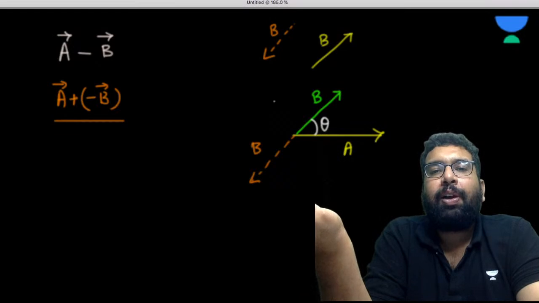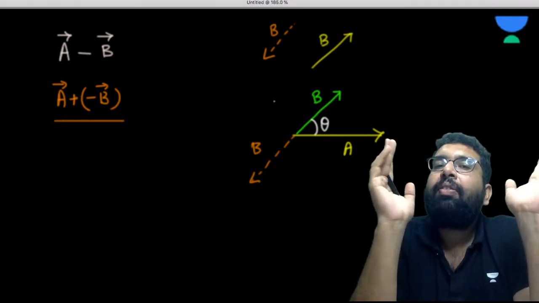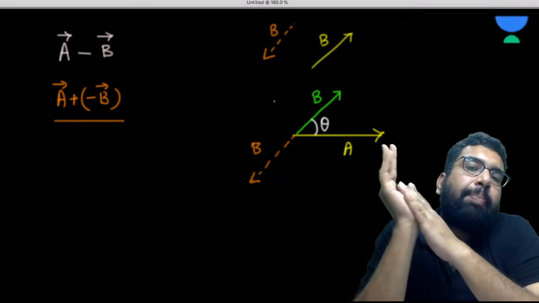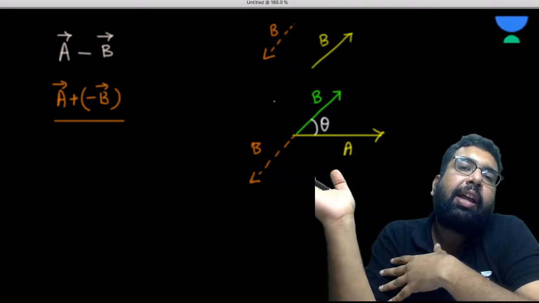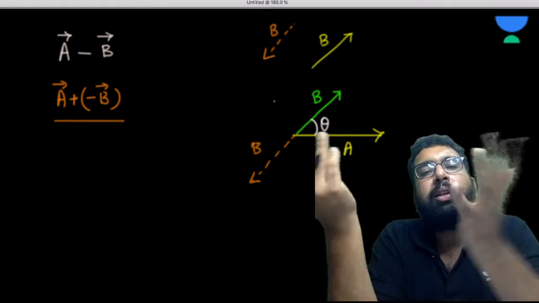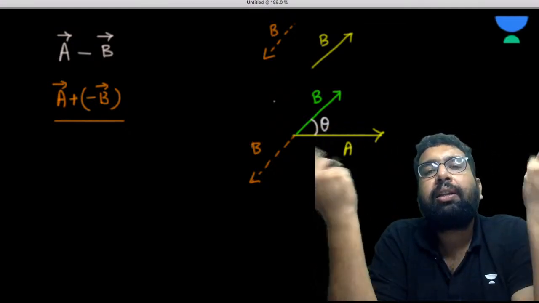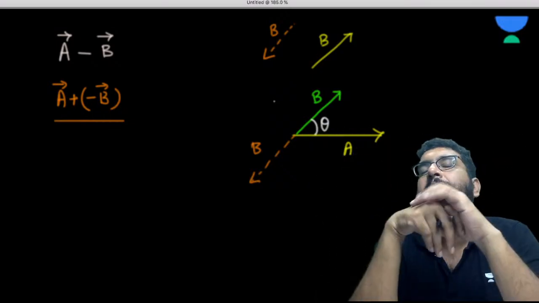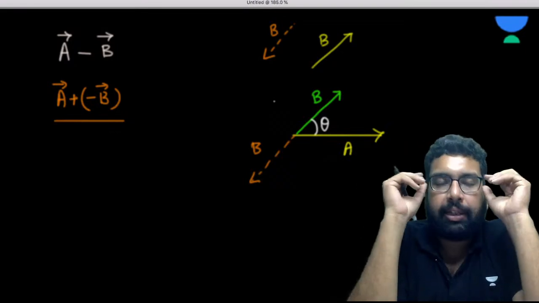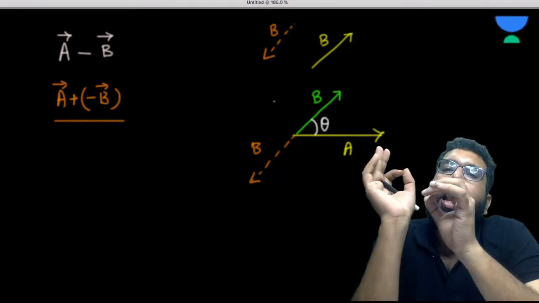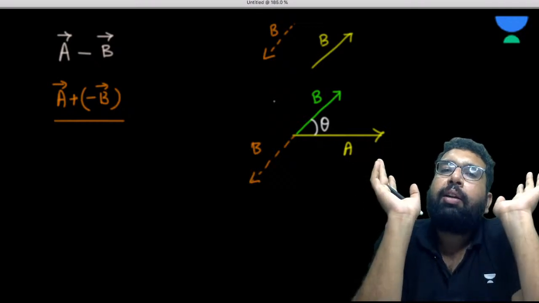Yes or no? We have already learned that if two vectors have the same magnitude but different directions, they are two different vectors. So minus B is nothing but, you can say, vector C; you name it something different. So simply vector A is added with vector C. Let's suppose that the angle between vector A and vector B is theta.